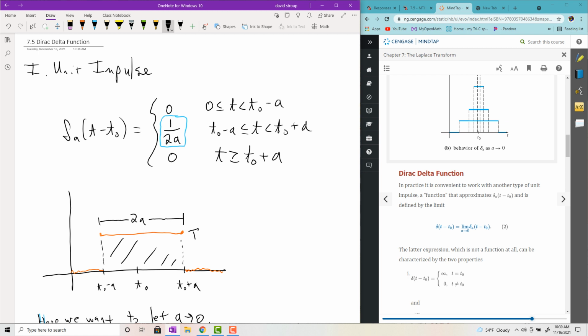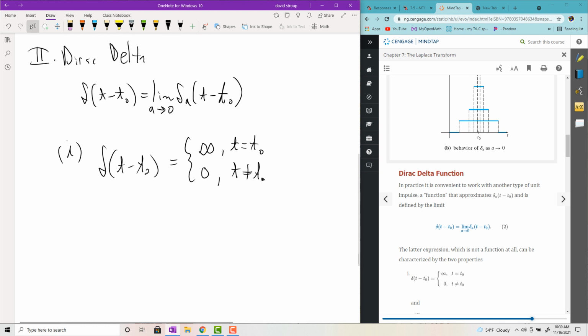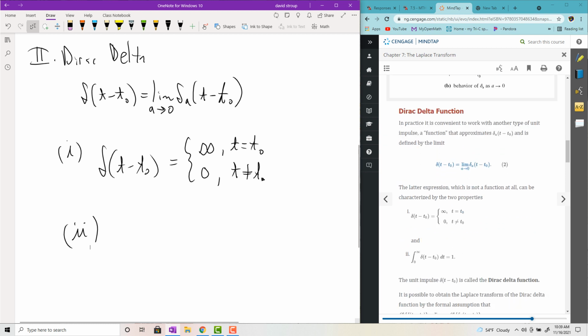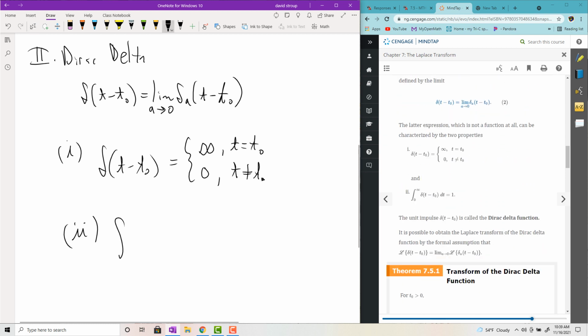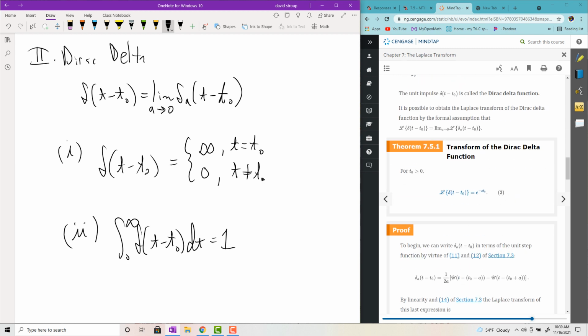The height from the function is 1 over 2a, so the area is 2a times 1 over 2a, which of course is 1. We want that to also happen here. So part 2, and you can see it in the book, the integral from 0 to infinity of this is equal to 1. Great.